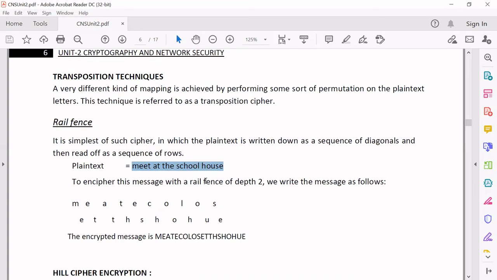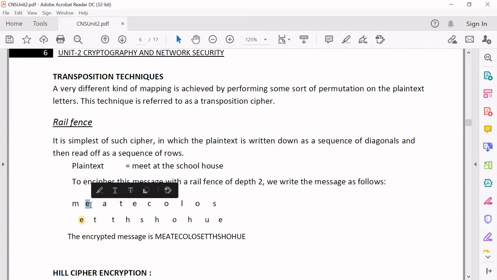To encipher this, we are taking a rail fence of depth 2. That is, the height is 2. How is it being done? The letters are written diagonally in a 2-line format. First you write M, then you go for E. E comes in the second row, second column.